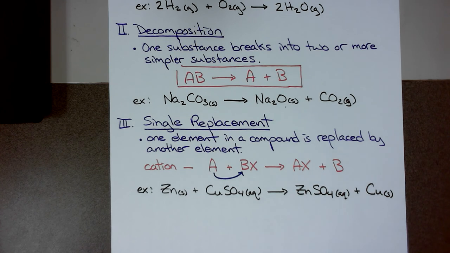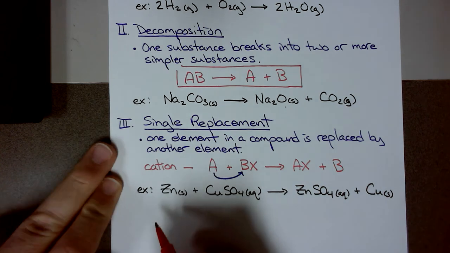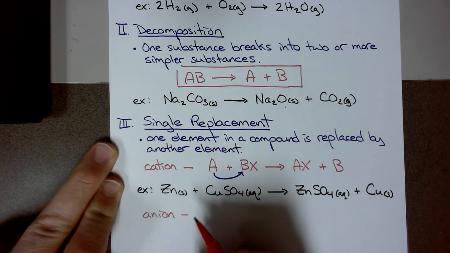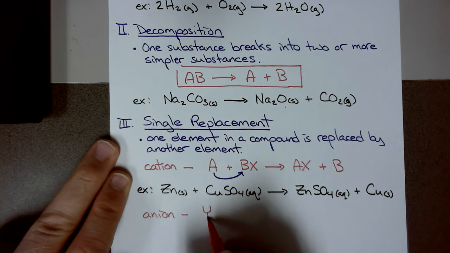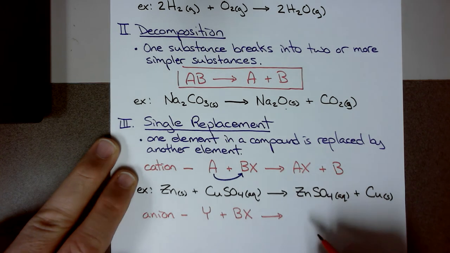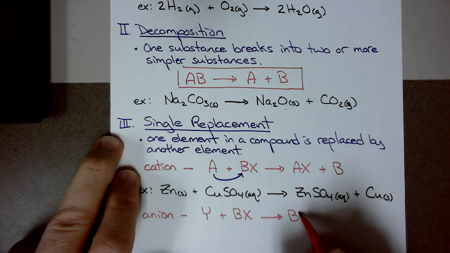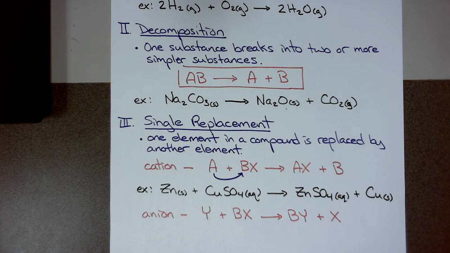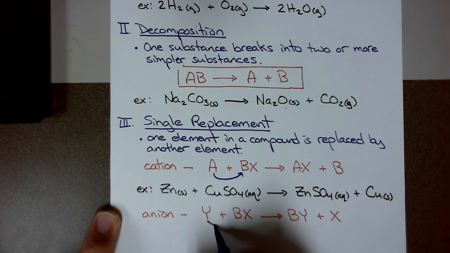And then the other type is called an anion single replacement, in which we'll say we have Y plus BX goes to BY plus X. And so if we look at this, remember it's the anion, so this will replace the anion.